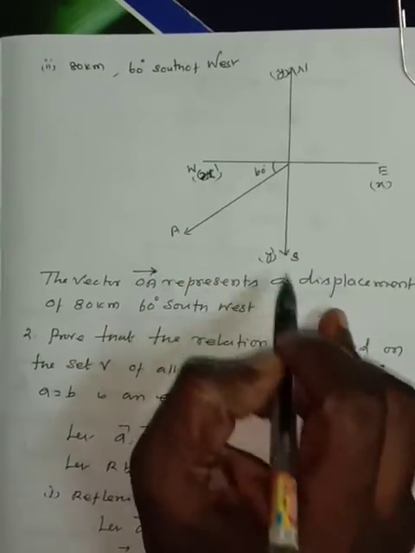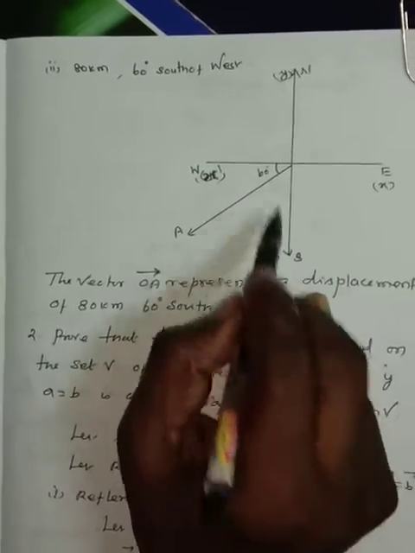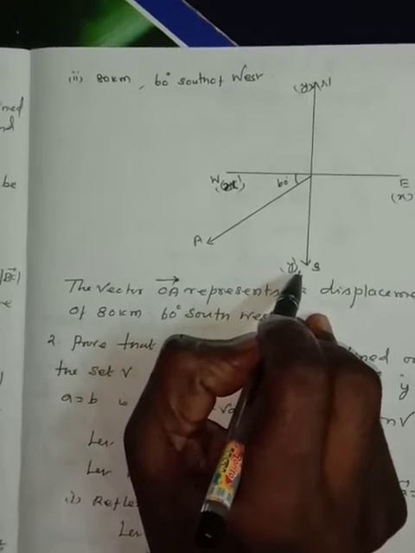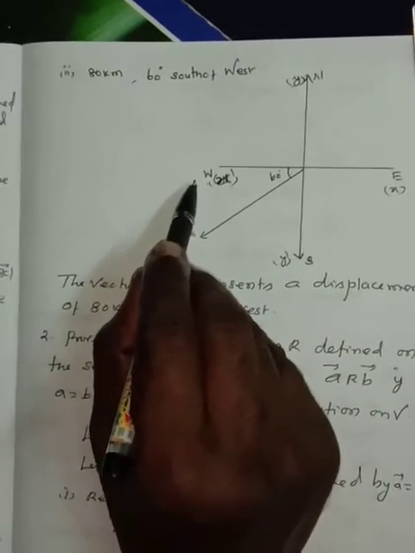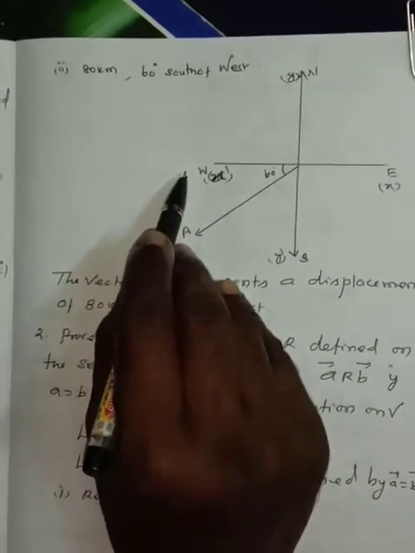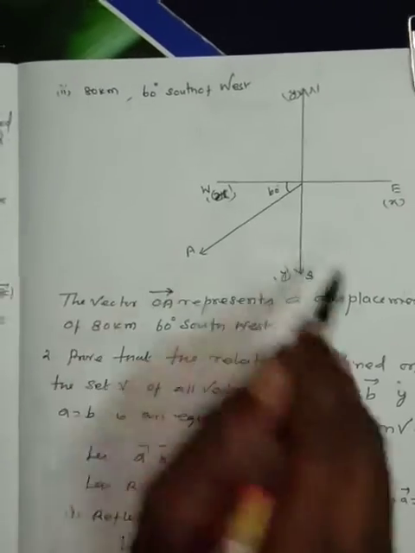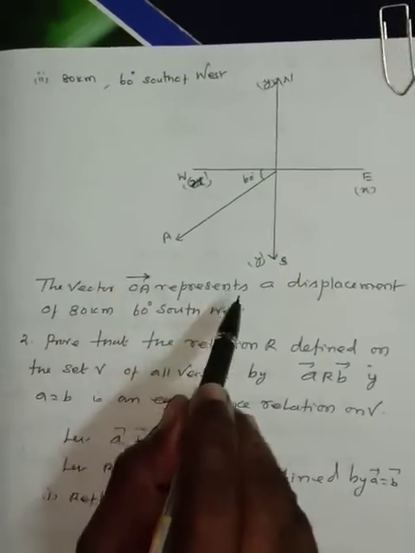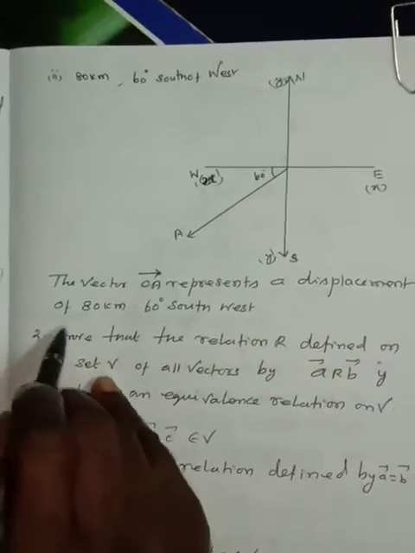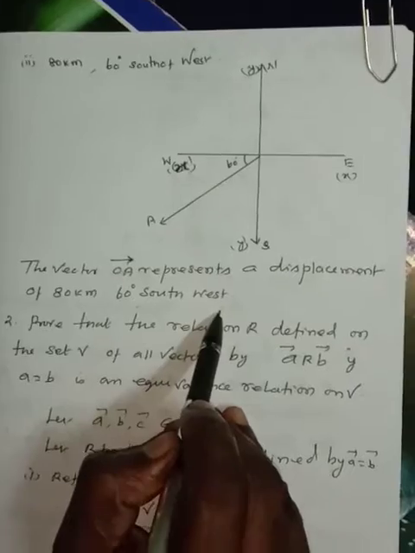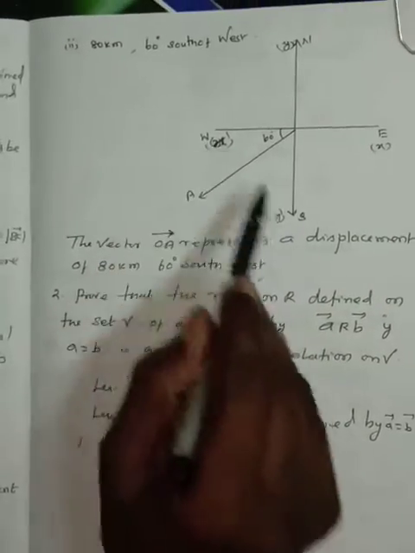South is this way. Southwest means from y dash to x dash, south to west. The degree is 60 degrees. So the vector OA represents a displacement of 80 kilometers 60 degrees southwest. Southern side to western side is southwest.